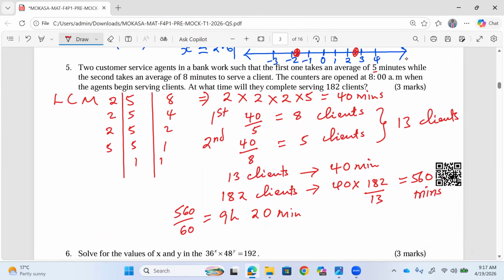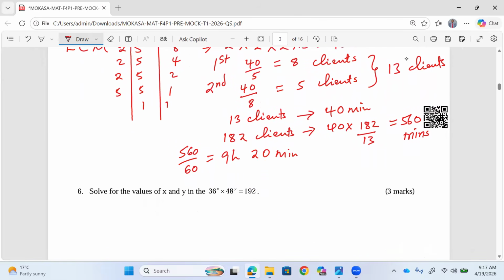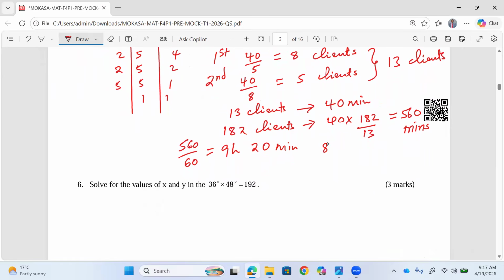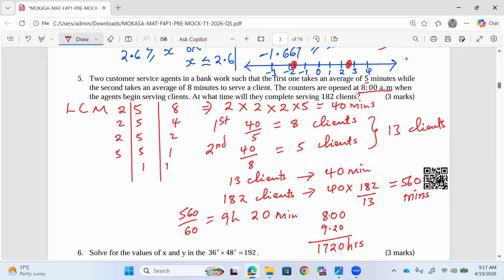182 clients. And they started working at 8 a.m. So the question is, at what time will they complete serving 182? From 8 a.m., we add 9 hours, 20 minutes. This gives 17:20 hours.